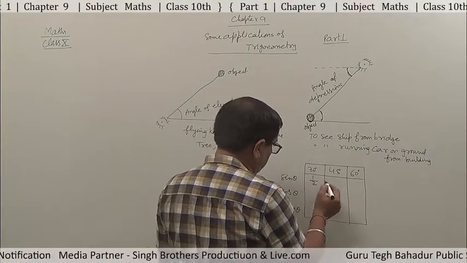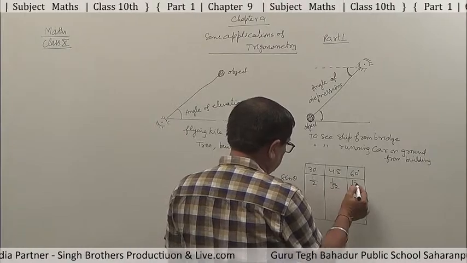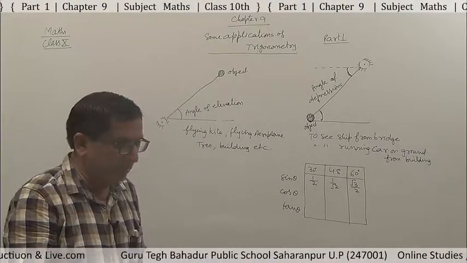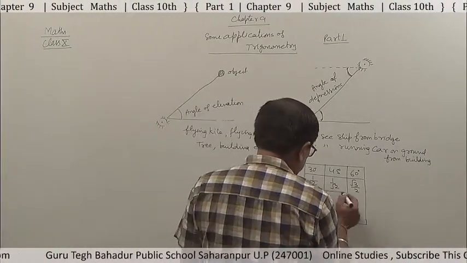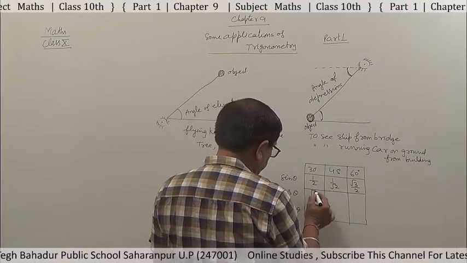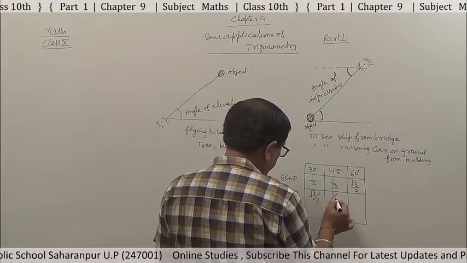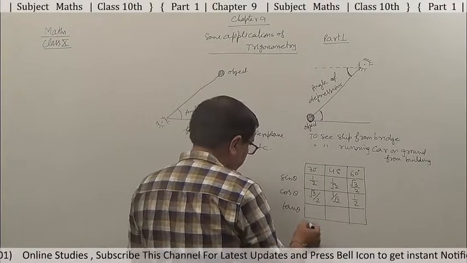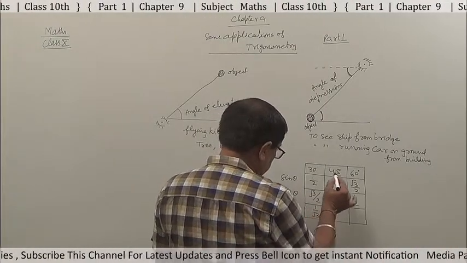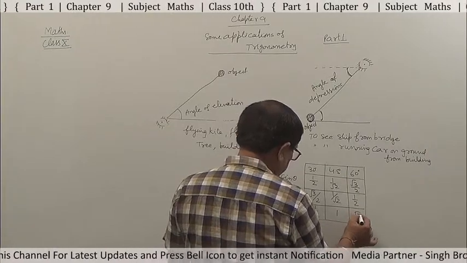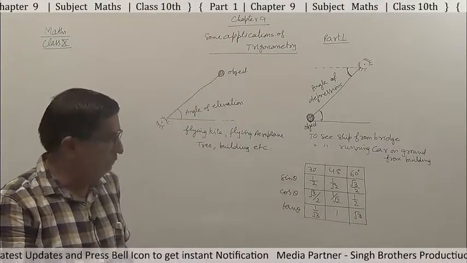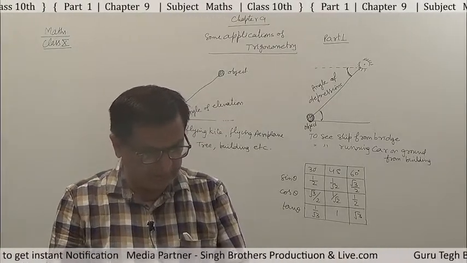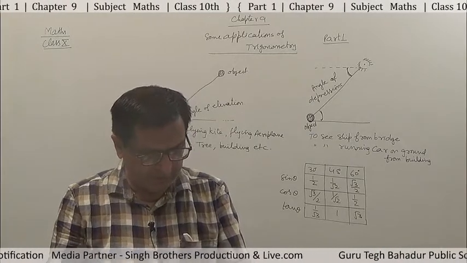It is 1 upon 2, 1 upon root 2, root 3 upon 2. You have already done this in chapter number 8. Now, cos 30, cos 45 and cos 60 degree. Tan 30, tan 45 and tan 60. Mostly 9 values will be used in this chapter, that is the application of trigonometry.